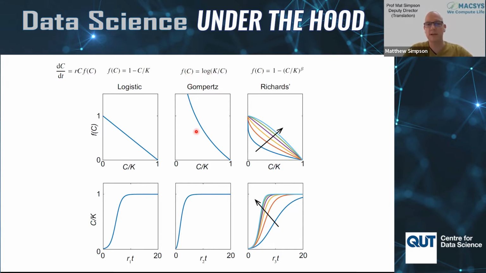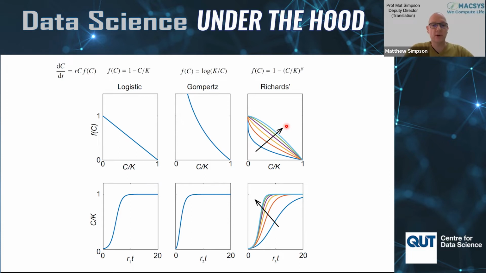So it's going to decrease and also pass through 0 here when the density hits the carrying capacity. And the Richards growth model here has got a family of growth curves that depend upon this exponent beta here. So here I've shown about half a dozen crowding functions here for the Richards model, and these are shown in order of increasing values of beta.